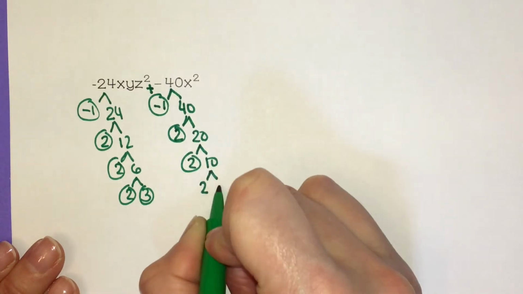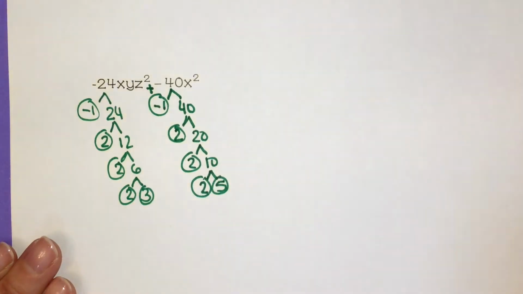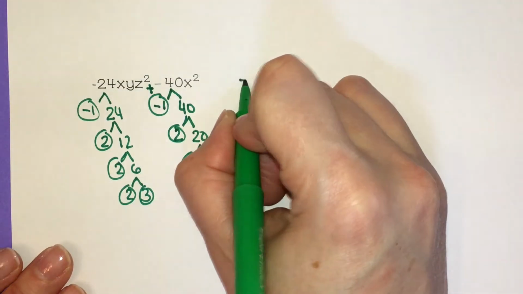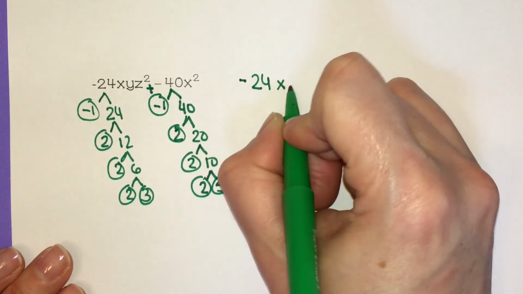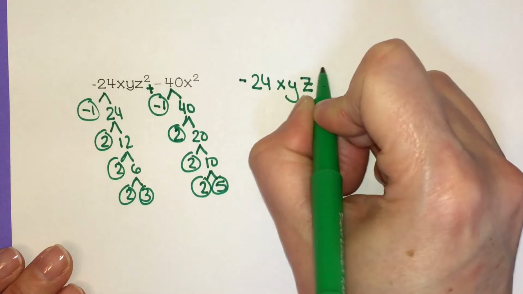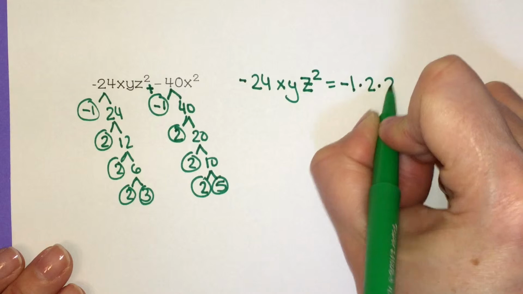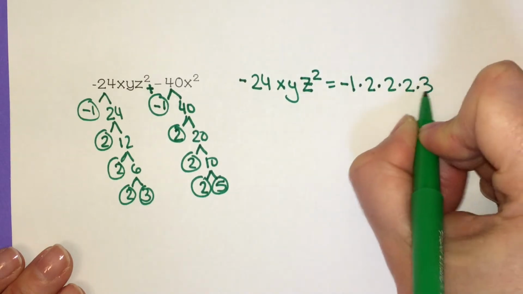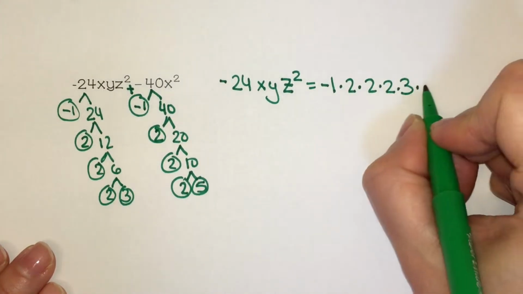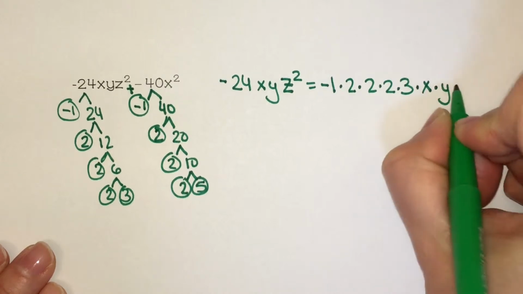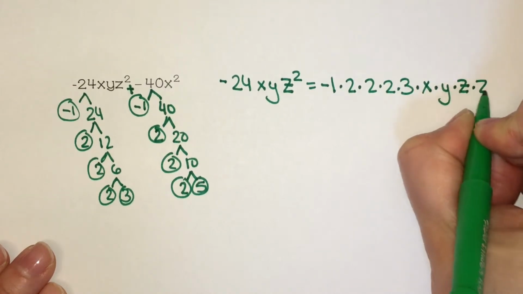And 10 is 2 times 5. All right, so that means negative 24xyz squared is equal to negative 1 times 2 times 2 times 2 times 3 multiplied by x times y times z times z.